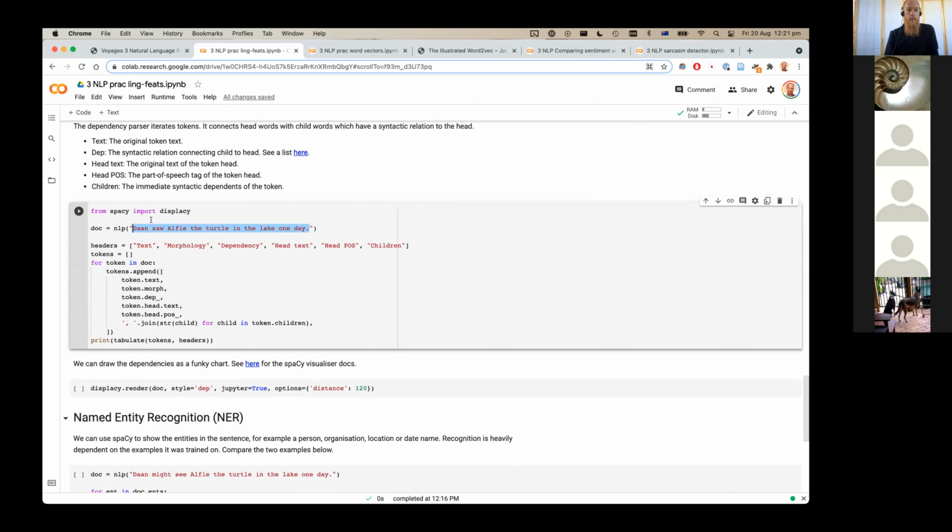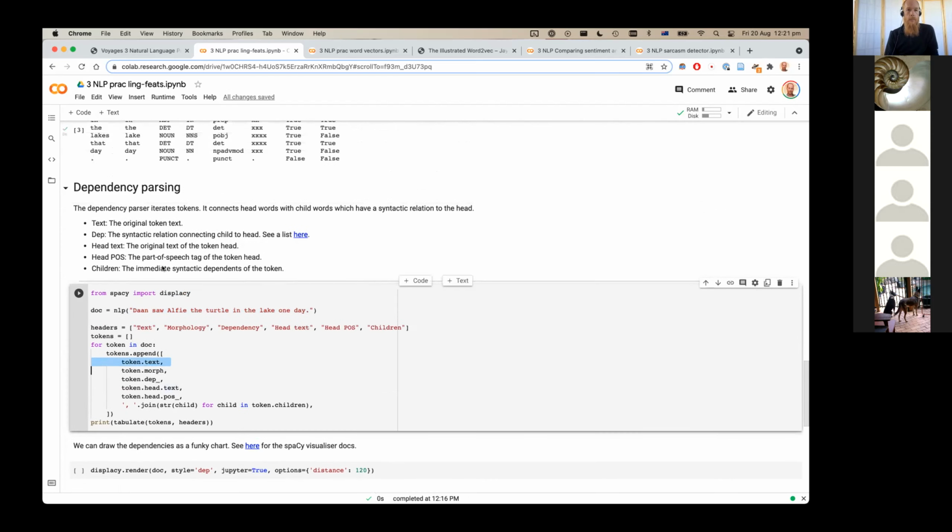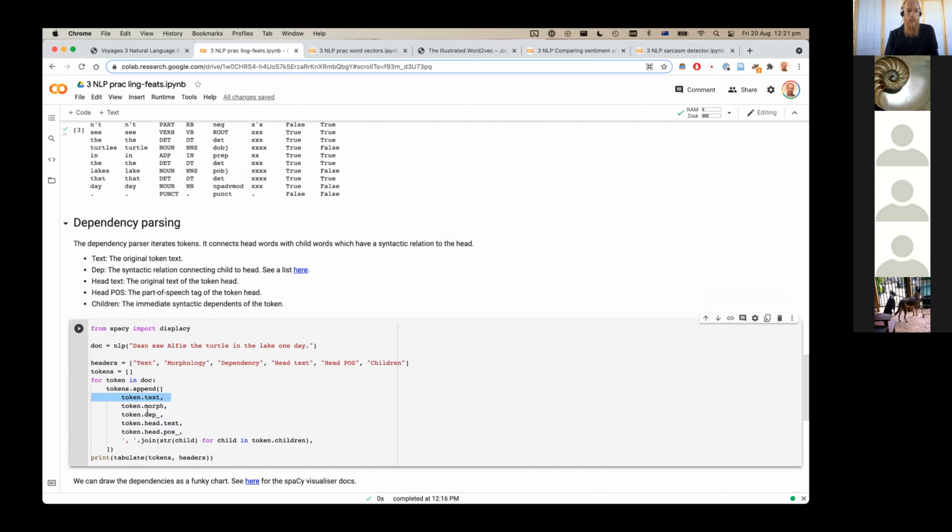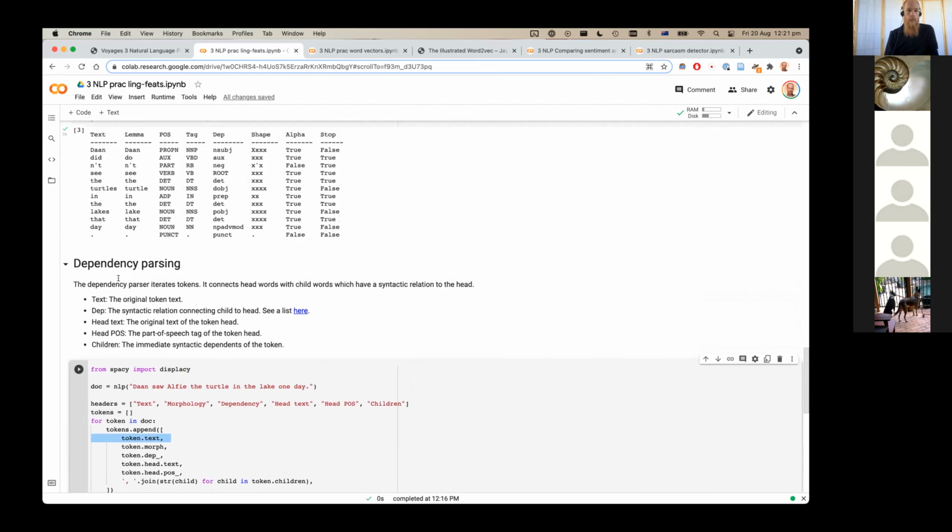So we'll use a slightly different sentence here. And what we'll look at now, we'll have the token.text. So that's the same as what we saw in the previous example. Now, instead of looking at the lemma form, we'll have a look at the morphology of the word. We'll get the dependency again.